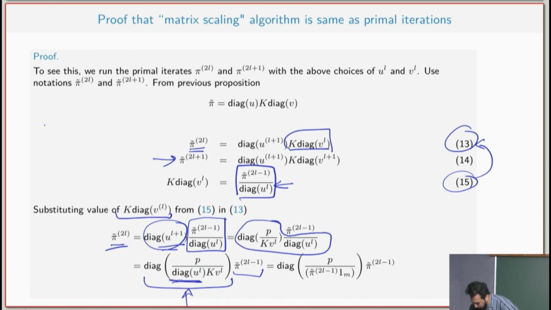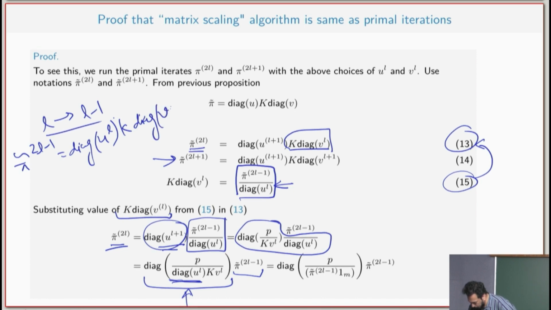Here again I do the l to l−1 change, then I have π̃^{2l−1} in the same way we had previously, and this is equal to diag(u_l) K diag(v_l). So that's fine. From here we change l to l−1 and we get this.